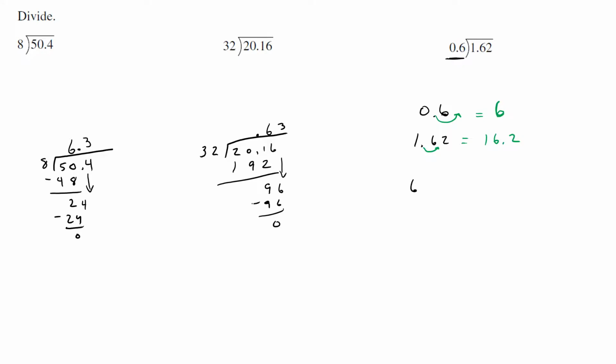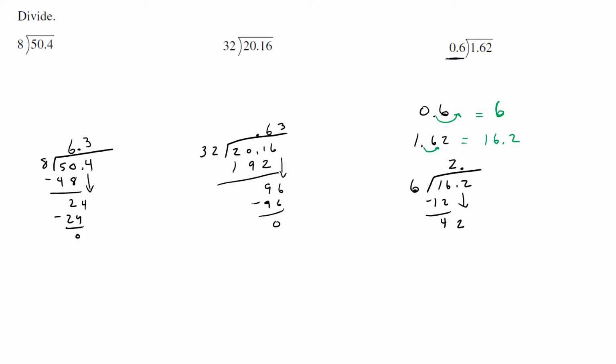So now we'll use that to divide. 6 divided into 16.2. 6 doesn't go into 1, but 6 does go into 16 2 times, so that's going to go above the 6. Multiply back, which is 12. Do our subtraction there. 6 doesn't go into 4, so we need to bring down our 2. Remember that decimal place goes in the exact same spot.